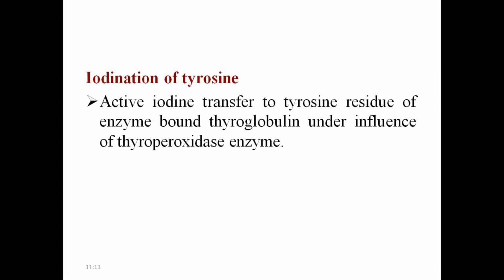The binding of this iodine to the tyrosine residues of thyroglobulin is catalyzed by the same thyroperoxidase enzyme. So thyroperoxidase is necessary for two functions: one is the oxidation of iodine, and the next is the organification of iodine, that means the binding of iodine to the tyrosine residue of thyroglobulin.